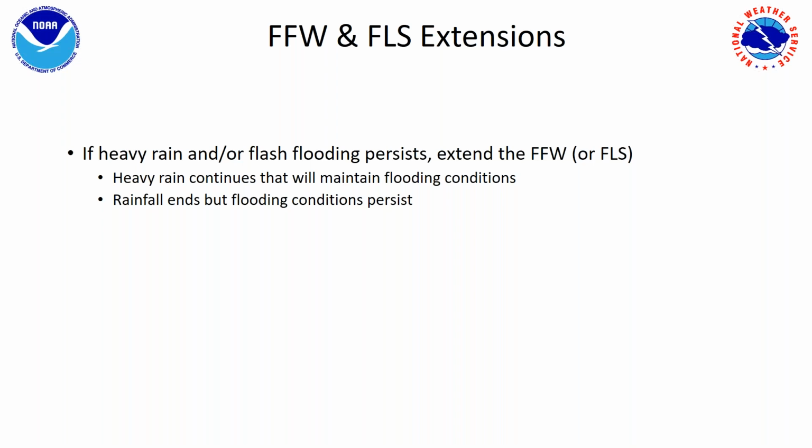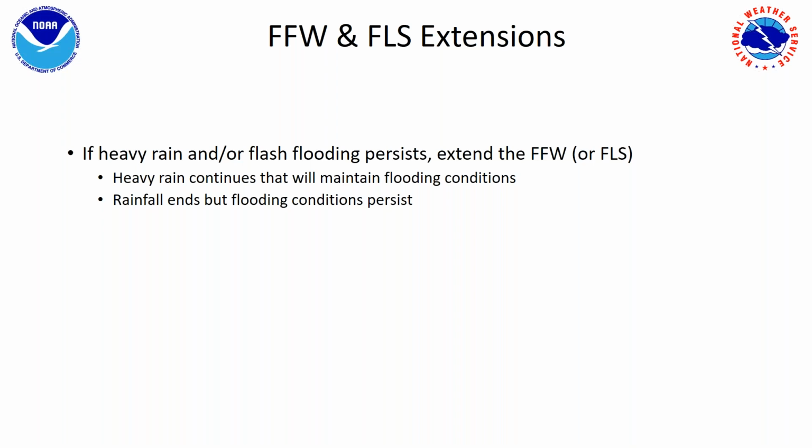So for us here, we can easily have conditions where the rainfall stops, but the bridge is still closed or inundated, the roads are still inundated. We can use that as a reason to extend the warning, and we would mention that within the product. When we update it, we say, hey, the rain stopped, but Kuhio Highway is still flooded and closed.